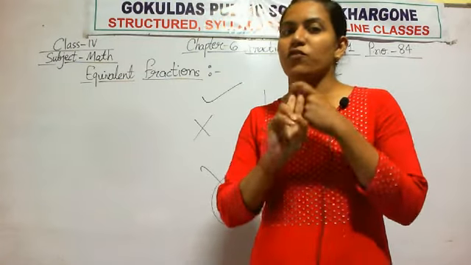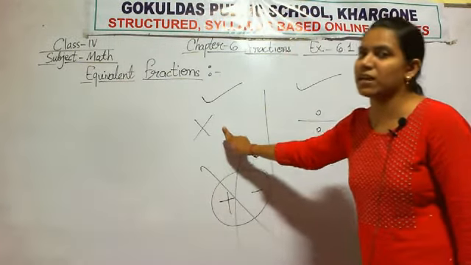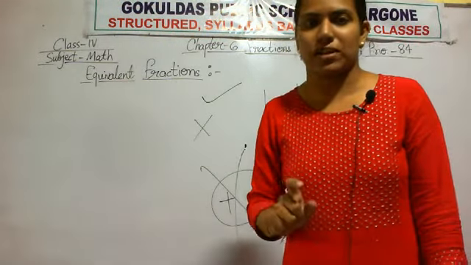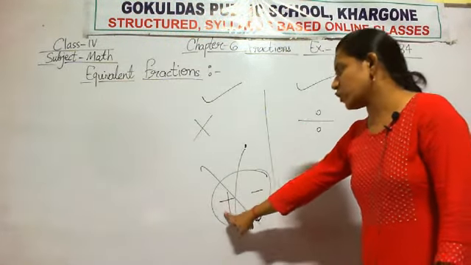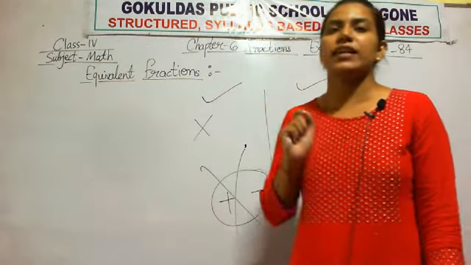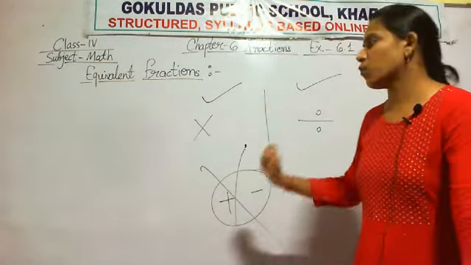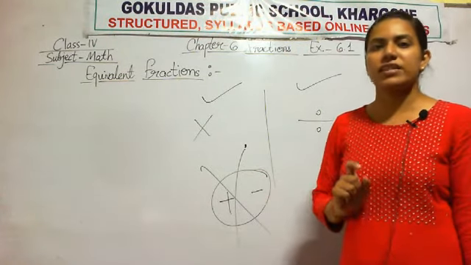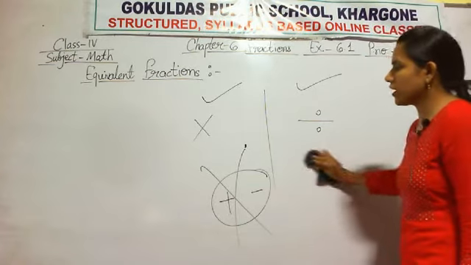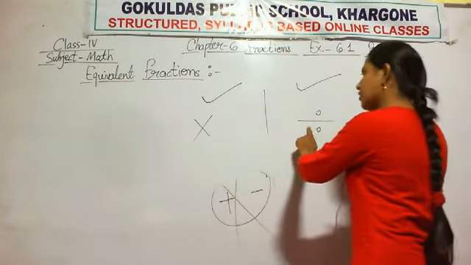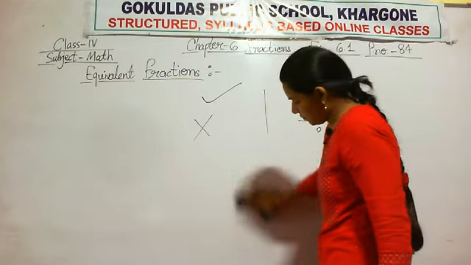Out of these four, we can use only two, multiplication and division, to make equivalent fractions. This is the most important point to be remembered.